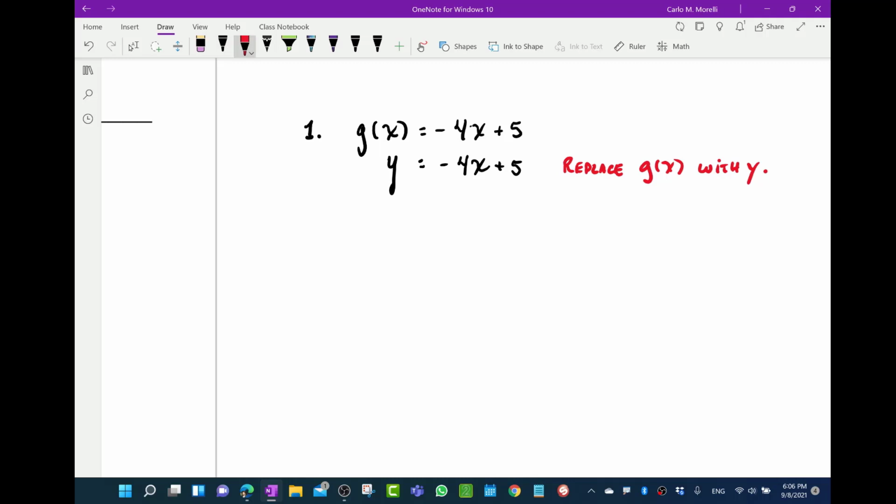Now the next step is to swap x and y. Okay, so instead of y equals negative 4x plus 5, I'm going to write x equals negative 4y plus 5.